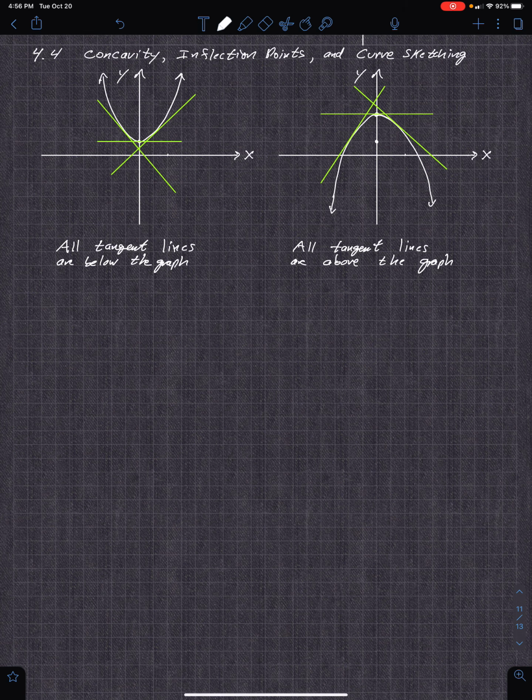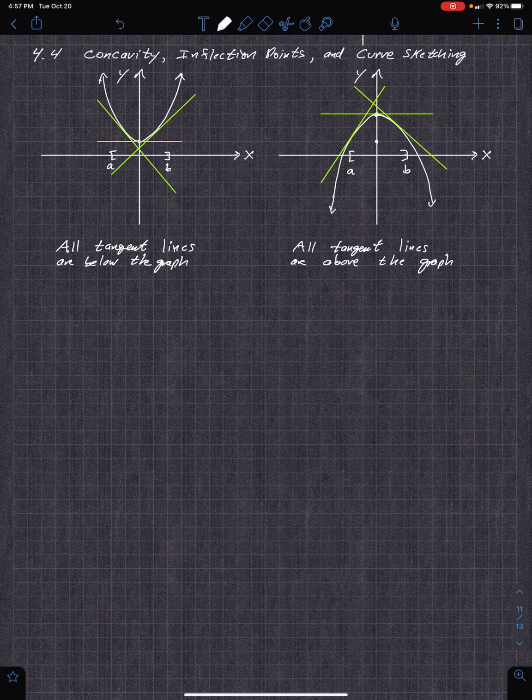And then specifically, we'll look at an interval, like A to B, for example. It doesn't really matter where A and B are, but let's consider what's going on within that interval.